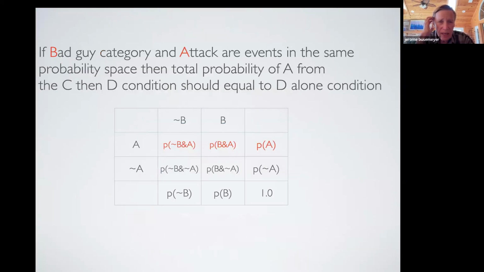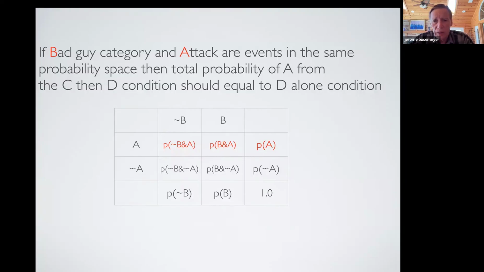Now, if these events, judging good guy or bad guy and attack and withdrawal, are all coming from a common probability space, then what we should expect is that the probability that you attack, this first line in this table, should be the sum of the probability that you say it's a good guy and you attack, plus the probability that you say it's a bad guy and you attack.